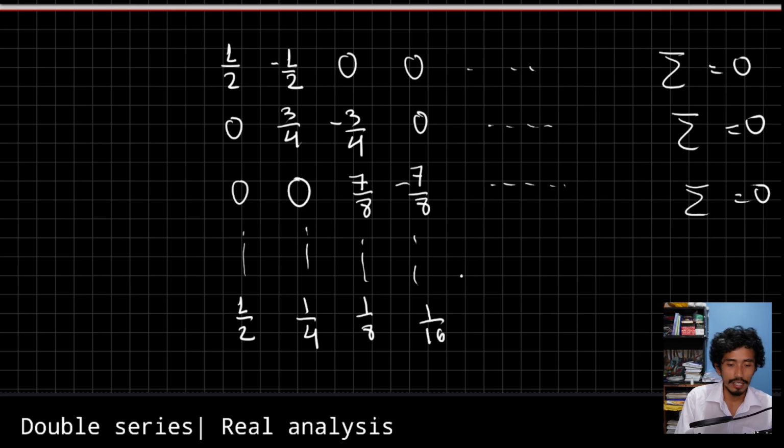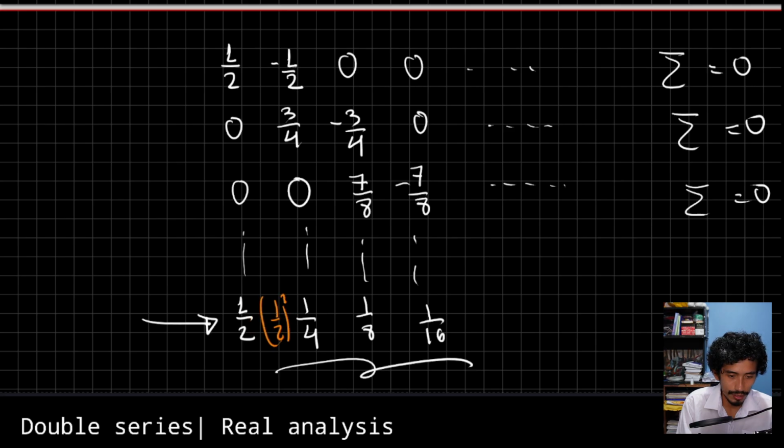All right. So obviously this summation is not 0. When we sum the columns, this is the value, and when we sum all of those values, this is a half, this is a half squared, this is a half cubed, this is a half to the fourth, and so on.